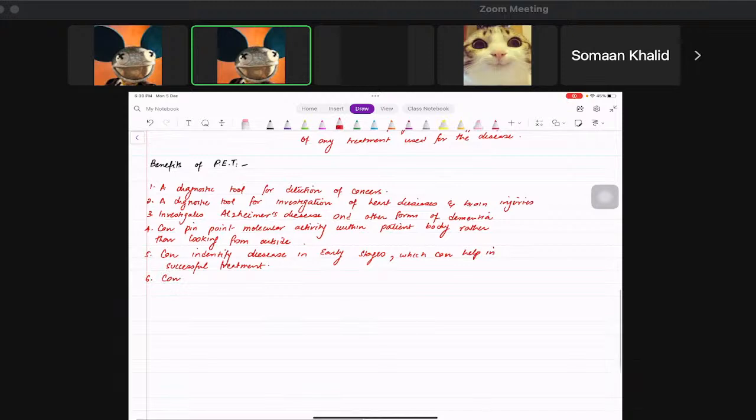And can also give information about immediate and ongoing response to the treatment.